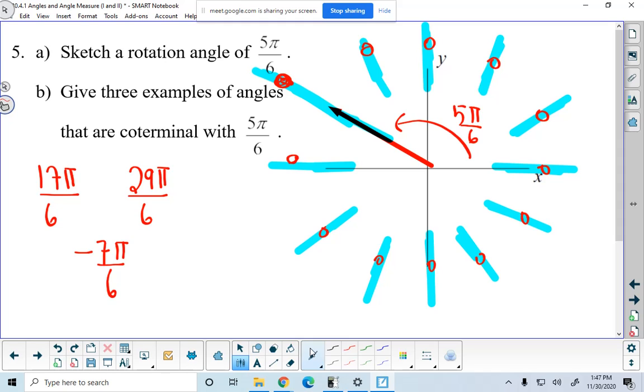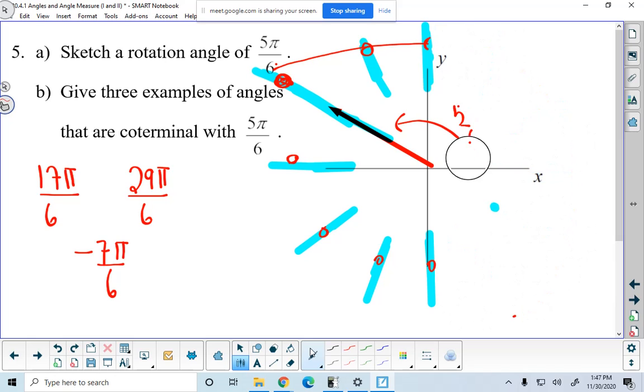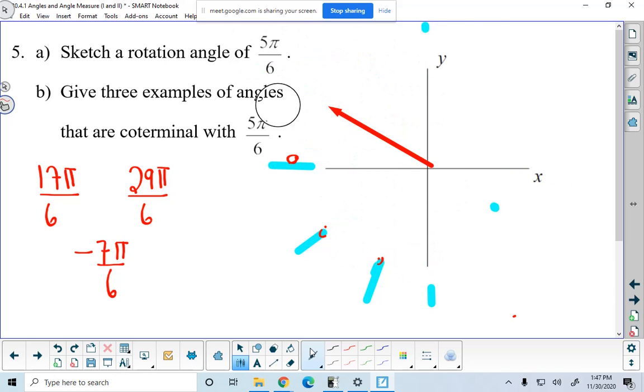Okay, now I'm going to show you a different way to get coterminal angles in this particular example. Because sooner or later we have to take that leap away from the concrete where we draw something into the realm of abstract where we just work it out.